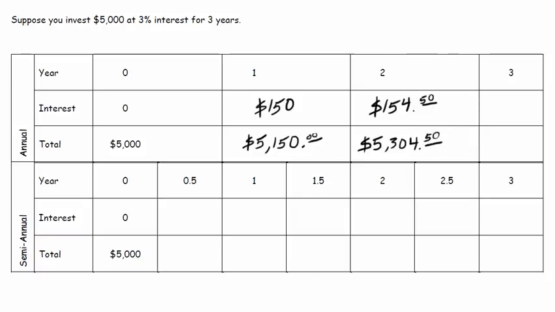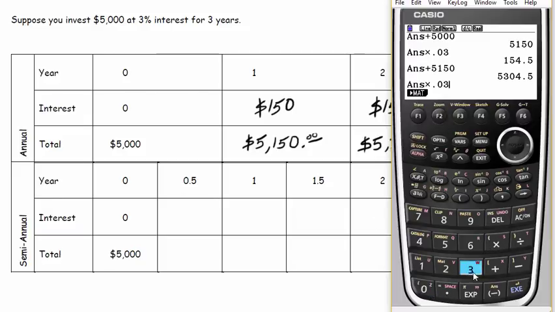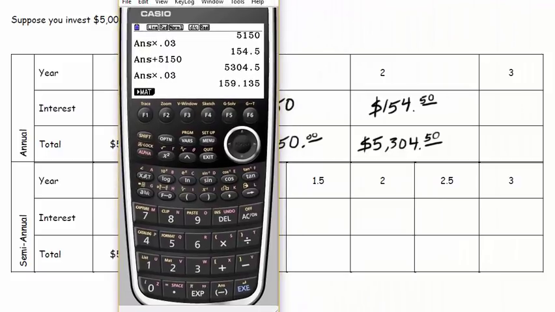Alright, and then lastly, year 3, I'm going to earn 3%, and we get $159.14.